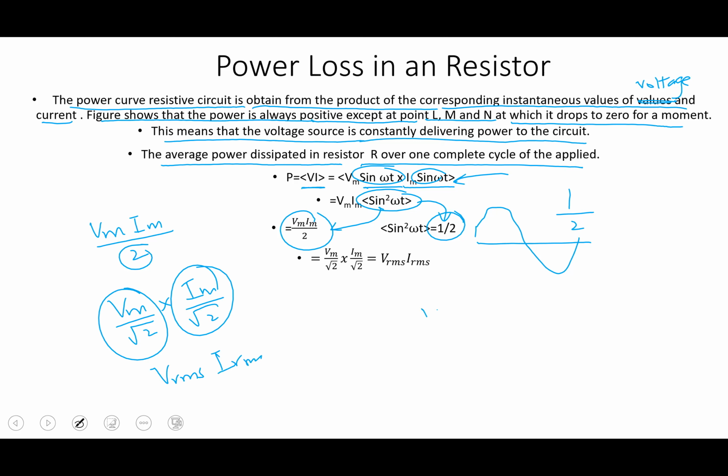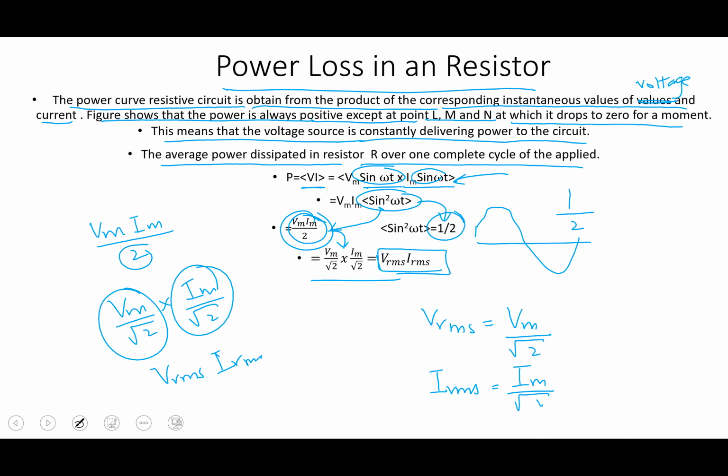As we know the formula, voltage root mean square is equal to maximum voltage divided by √2, and Irms is equal to maximum current divided by √2. And this is what we have done over here. So instead of writing like this, we have written Vm/√2 multiplied by Im/√2, which equals Vrms × Irms, which is the value of the power which we have lost in the case of resistance.